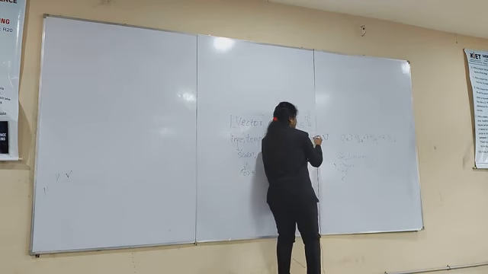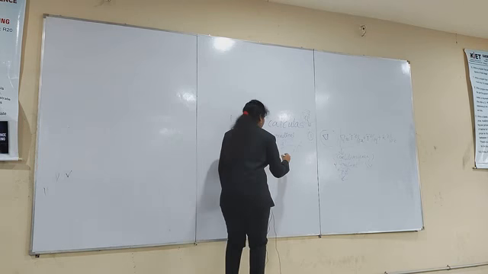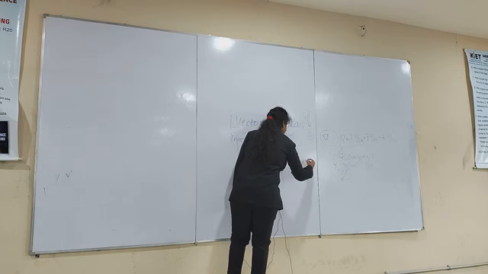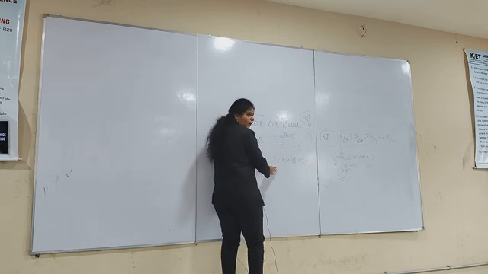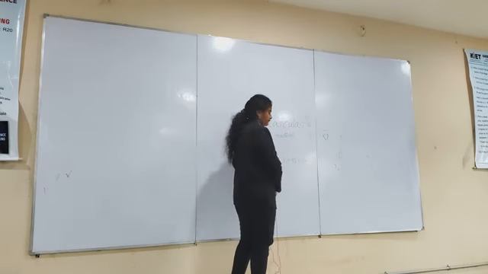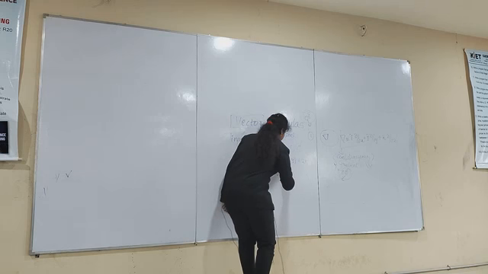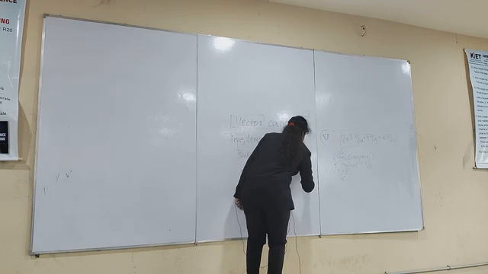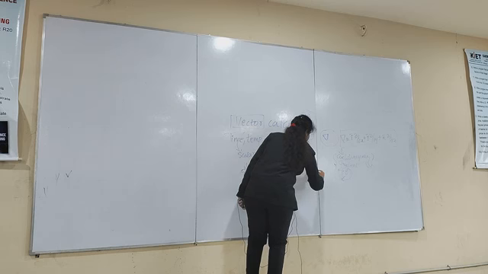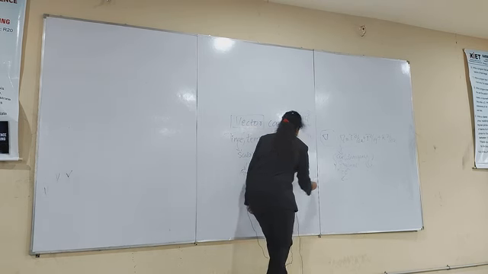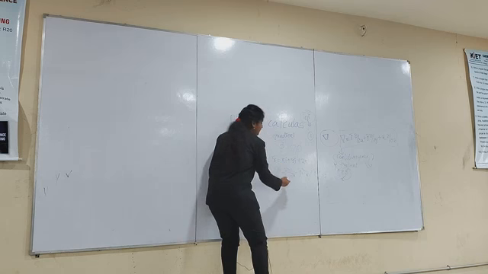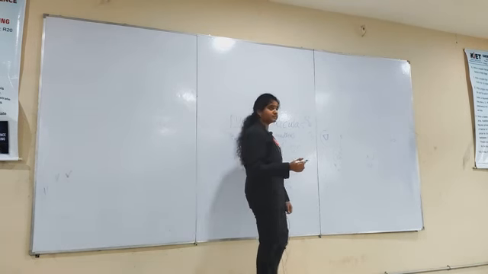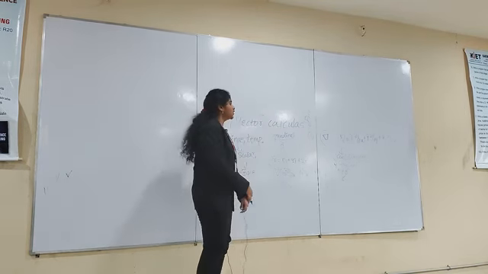Suppose R is a vector xi plus yj plus zk, a vector function, also called the position vector. Another operator is i dou by dou x plus j dou by dou y plus k dou by dou z. When we take the dot product, we get dou x by dou x. Right? Yes, so this is the divergence.